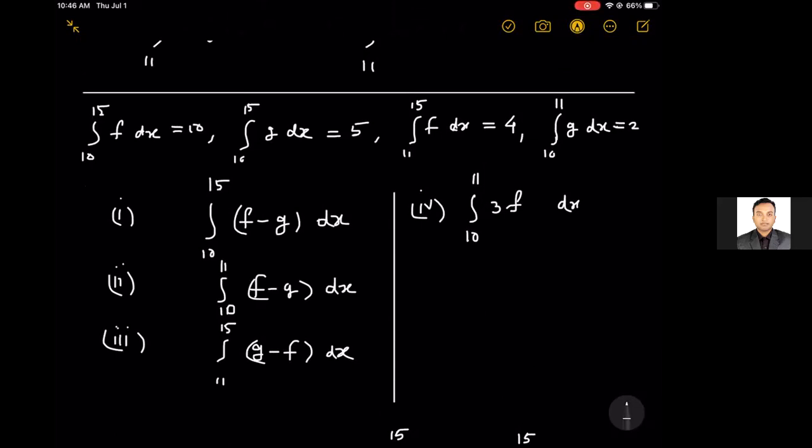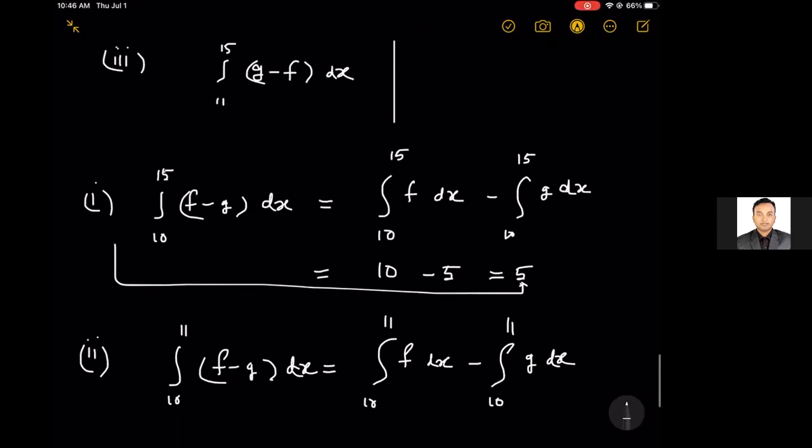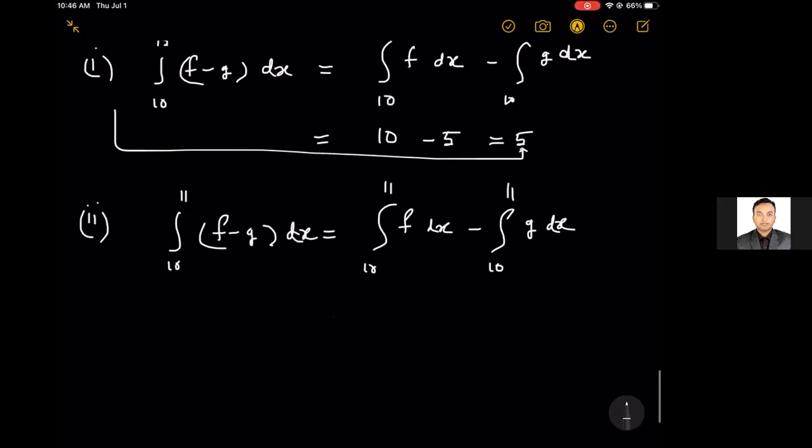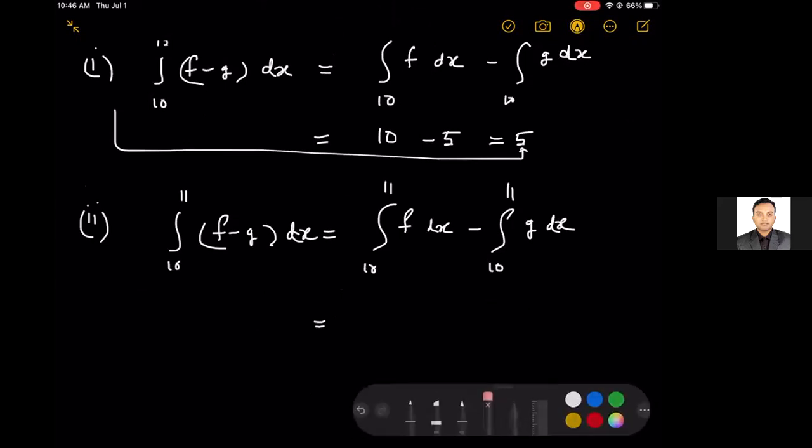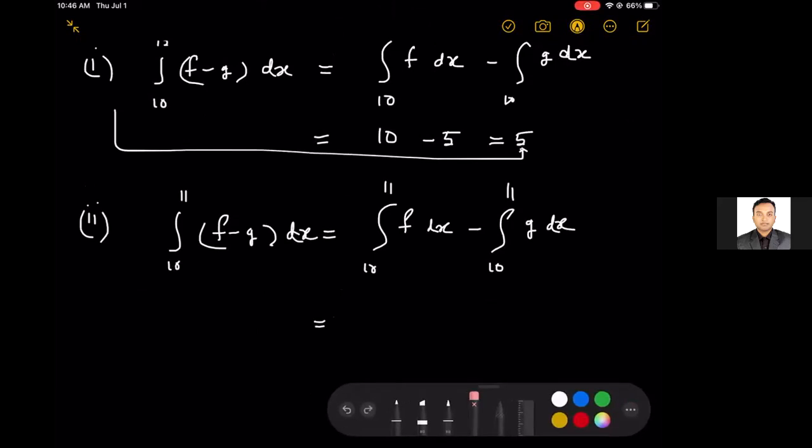From 10 to 11, we have the value for g, but we don't really have the value for f. So we need to find it first, right? So we'll come back to it. Let us first find the value for f from 10 to 11.